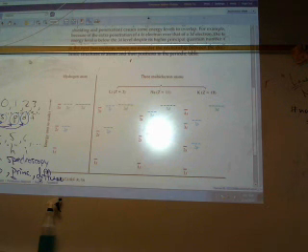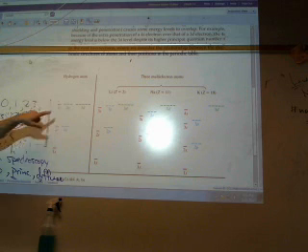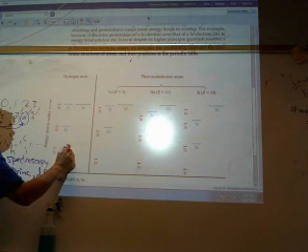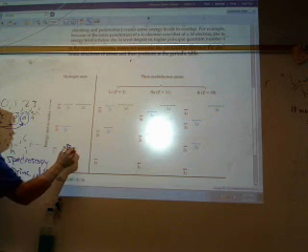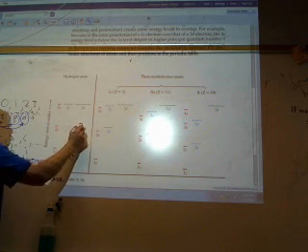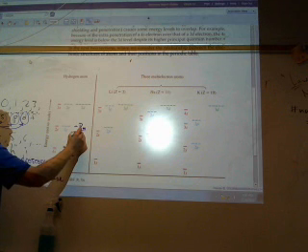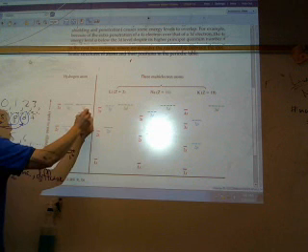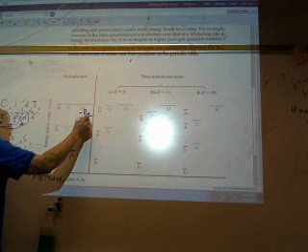We'll just go here. The energies here are going to be minus R sub h over 1 squared, which is just minus R sub h. The energy of this is minus R sub h over 2 squared, or 4. This is going to have an energy minus R sub h over 9.